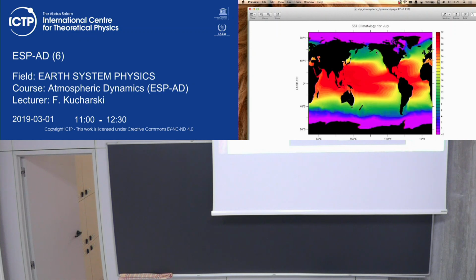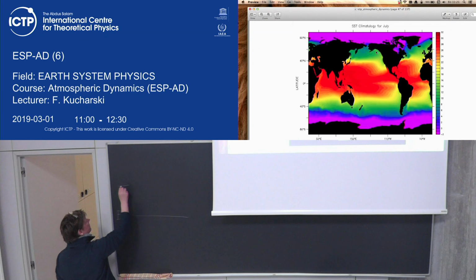So we mentioned this already, it's probably upwelling. So what is happening is that, let's say here's the equator, and to the north and south at around 30 degrees, this is 30 north and 30 south.